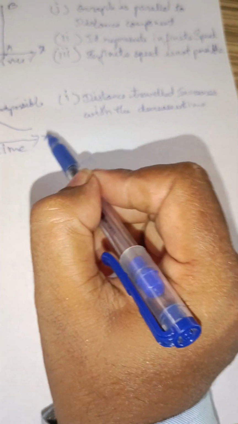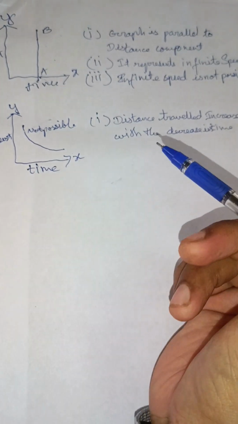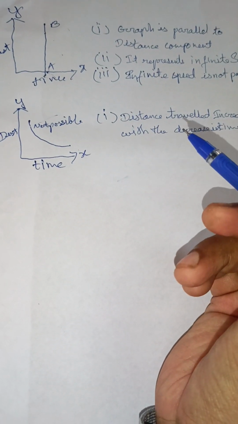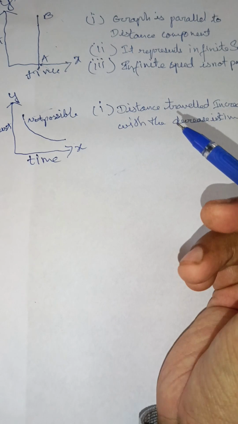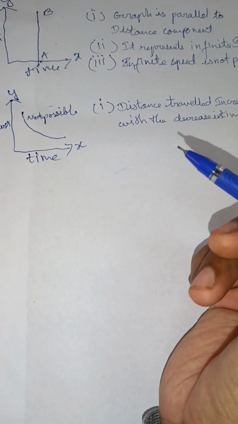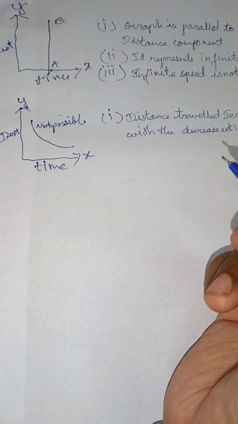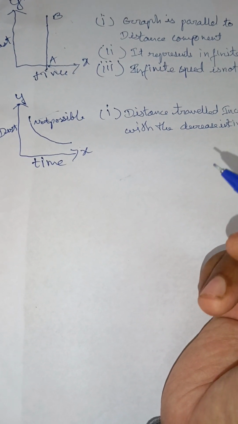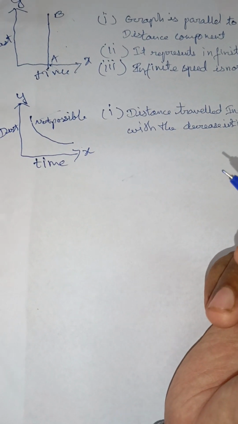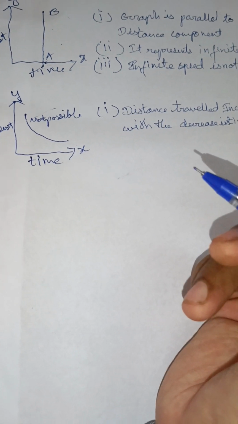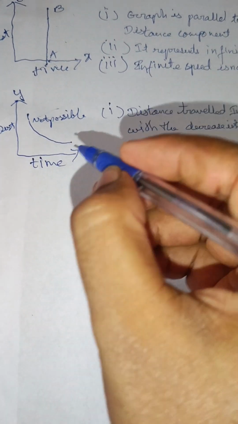If a body's distance is increasing, how will the time decrease? That is not going to be possible. If I am driving a bike or a car, and the motion is increasing, obviously time is increasing. How can the time decrease? That is also not a possible case.